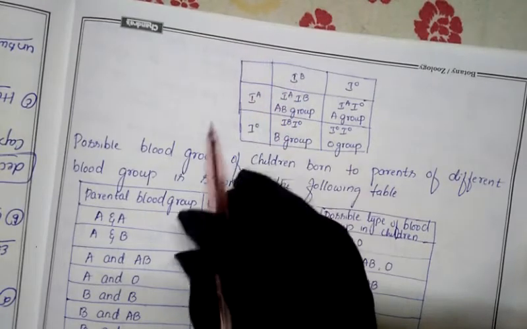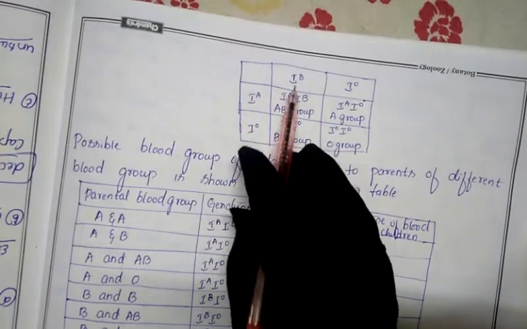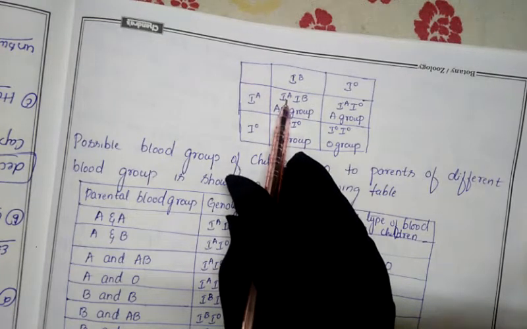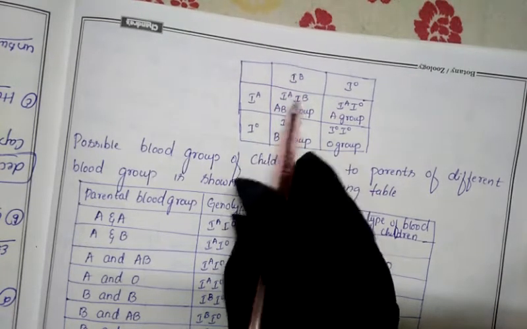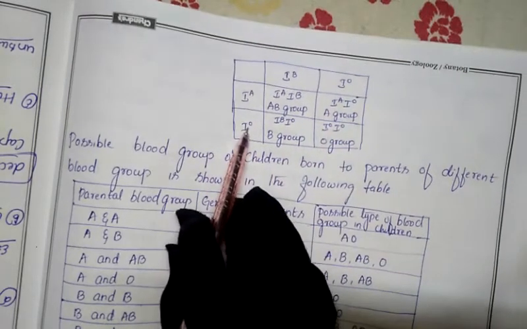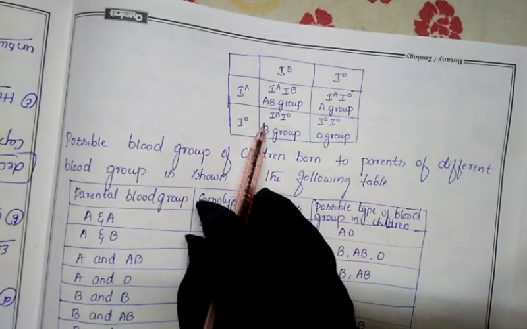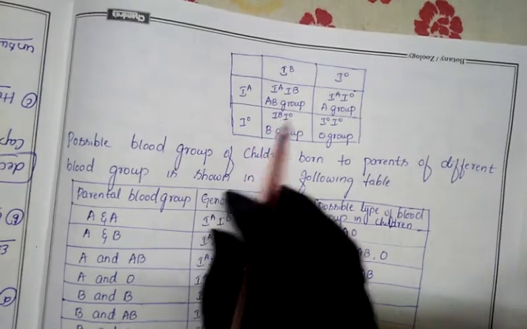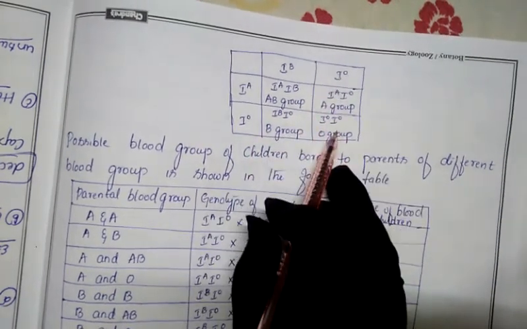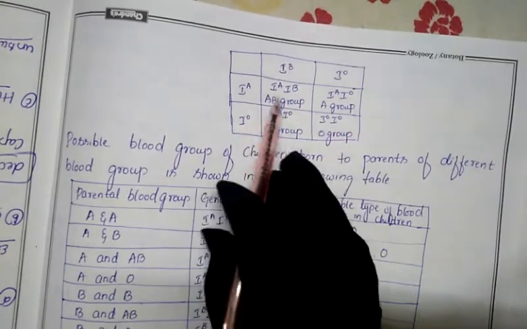Now do the crossing in this checkerboard. IA, IB. See, here I have written IA, IB. Next IA, IO. Next IB, IO. Next IB, IO. Next IO, IO.